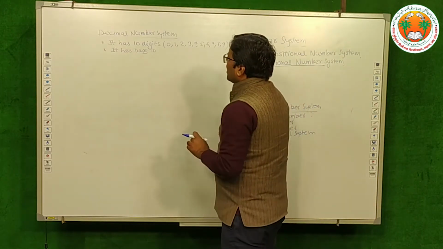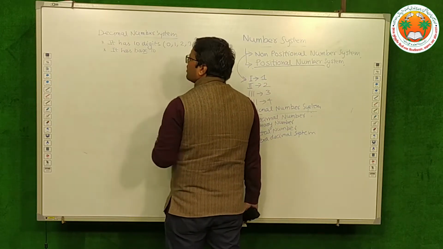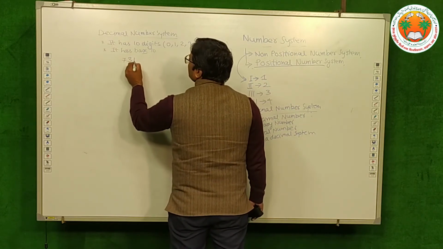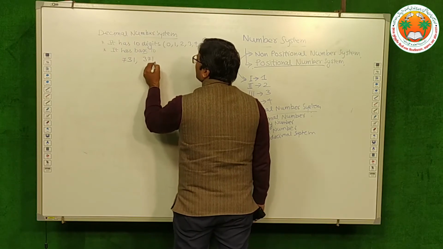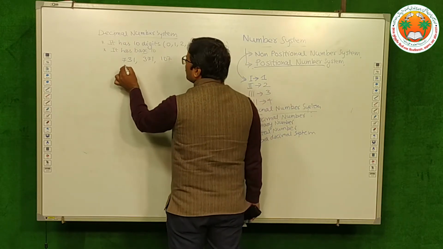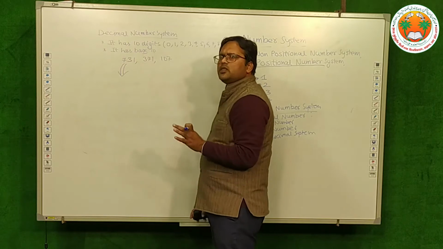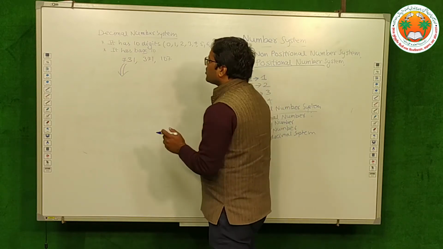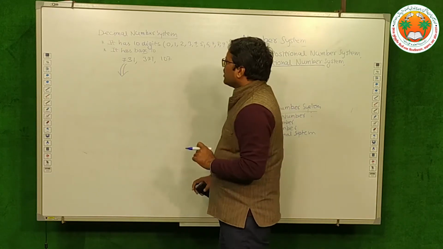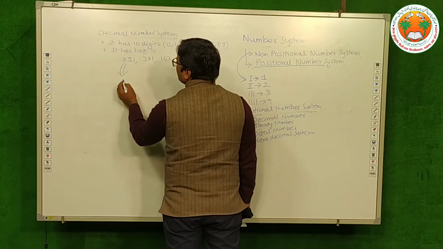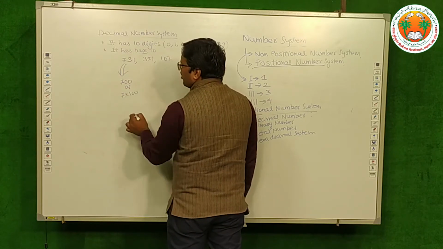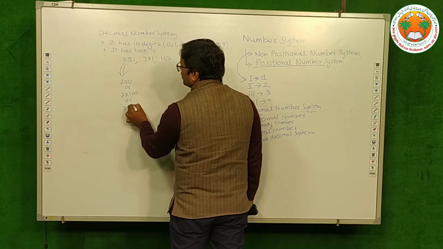Now, the important aspect in the decimal number system: suppose we have three numbers, 731, 371, and 107. In all these numbers, in a positional system, each digit will have a unique value, and that depends on the value of the digit, the position of the digit, and the base. In 731, the value of 7 would be 700, or 7 into 100, or we can write 7 into 10 to the power 2.